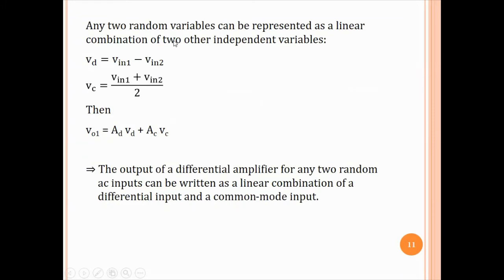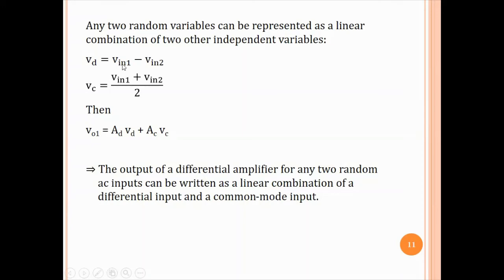So these are any random inputs supplied, and it's a simple principle of mathematics that two independent variables can always be written as a linear combination of two other independent variables. So what we do is we convert Vin1 and Vin2, two arbitrary inputs, into a differential mode input and a common mode input.